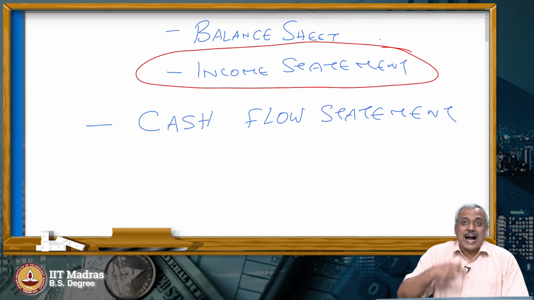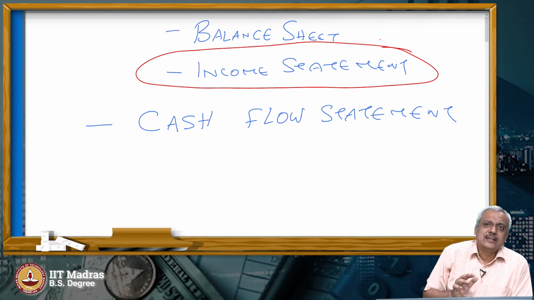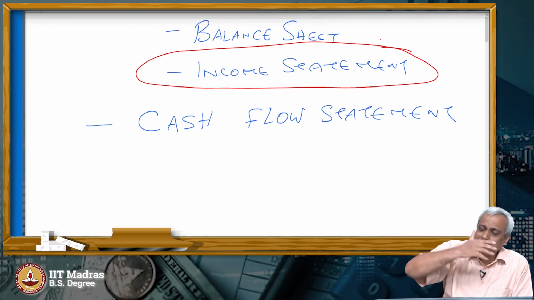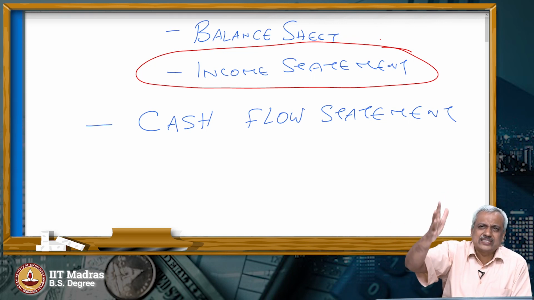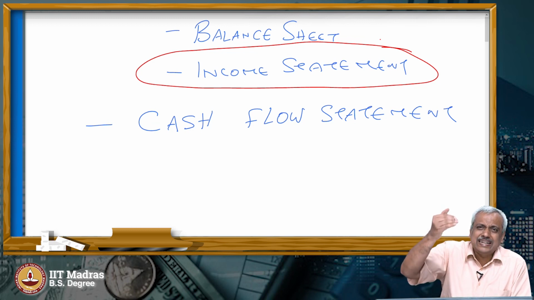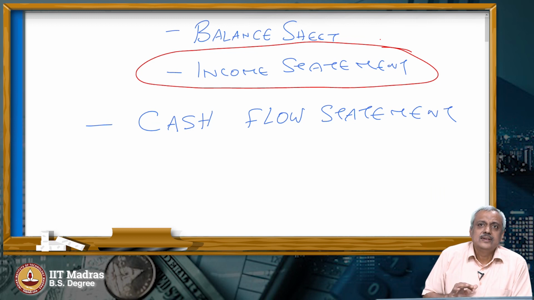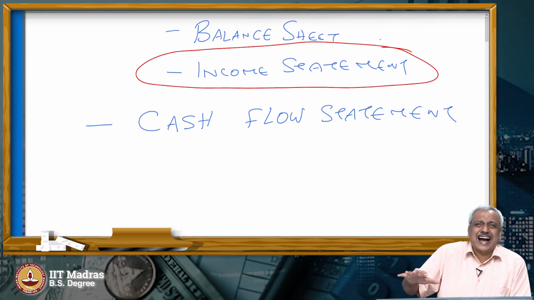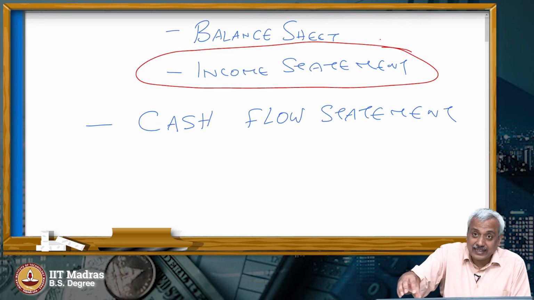Why? Because I have enjoyed the benefits of those people working for me. The people whom I have hired to work have worked for me and I have enjoyed the benefits of their work. So the wages that I have to pay have accrued. So an expenditure has accrued. I am liable to pay. That is what we call the accrual concept, and that is what gets recorded in the income statement.